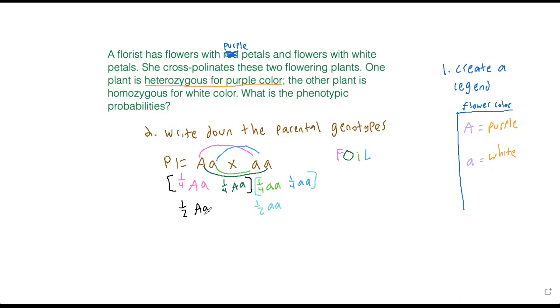So the 2 outcomes are either going to be, because these will give us 2 different phenotypes, there's a 50% chance of an individual flower being purple and a 50% chance of it being white. What this means is that if you were to cross-pollinate flowers and have 1,000 offspring flowers, you'd expect 500 should be purple, 500 should be white.